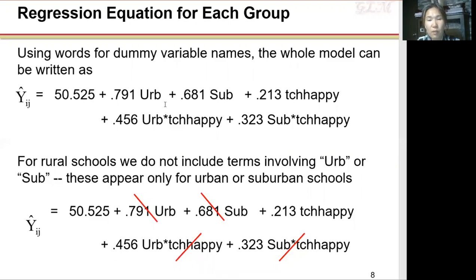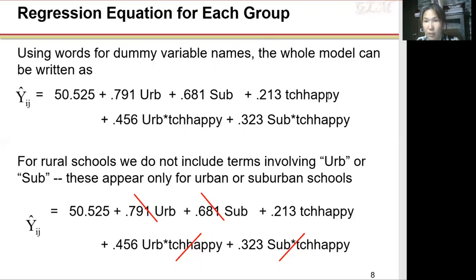So urban, suburban, what is the reference group? Rural schools, right? So for the urban dummy variable, you plug 0 in this vector, and also you plug 0 in this variable, right? So it's removed, canceled out.